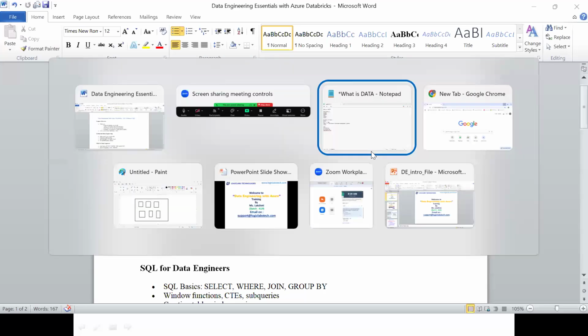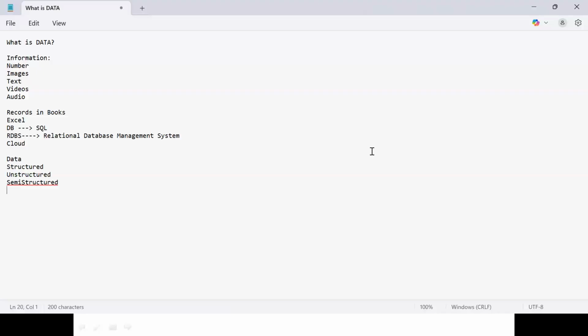But if they are working with machine learning or data scientists, then there will be other libraries available in Python, specifically for machine learning and data science people. So it's a different way of telling, but both are the same.